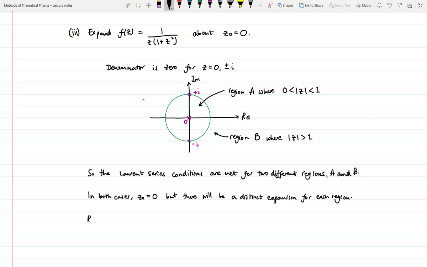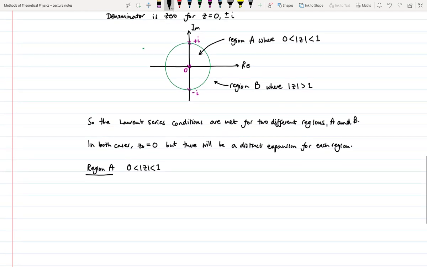Right, let's begin with region A, where z lies between 0 and 1. Well, we have f of z is 1 over z times 1 over 1 plus z squared. And you might recognise this second term, 1 over 1 plus z squared, as a convergent geometric series.